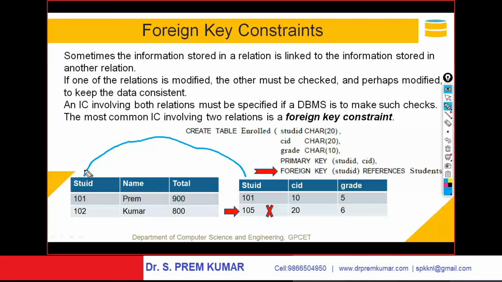So here 101 is there, so it is accepted. You don't have 105, so it is not accepted and it throws an error. Please go through this. This is nothing but the referential integrity constraint.